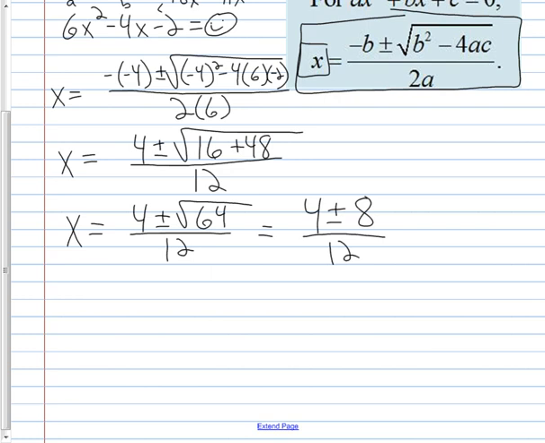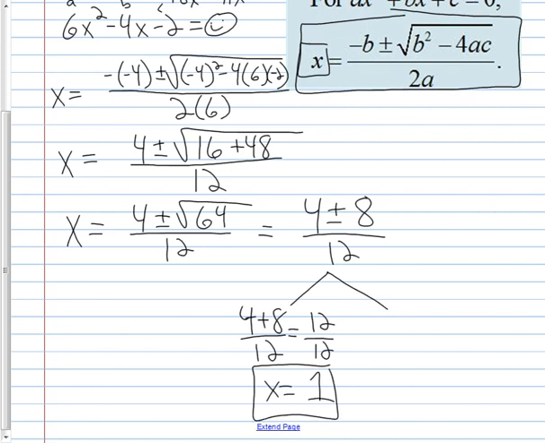Now let's split this up because we do have the plus and the minus. For plus 8 over 12, that's 12 over 12, which is just 1. So x equals 1. And we have 4 minus 8 over 12, which is negative 4 over 12, which is negative 1/3.